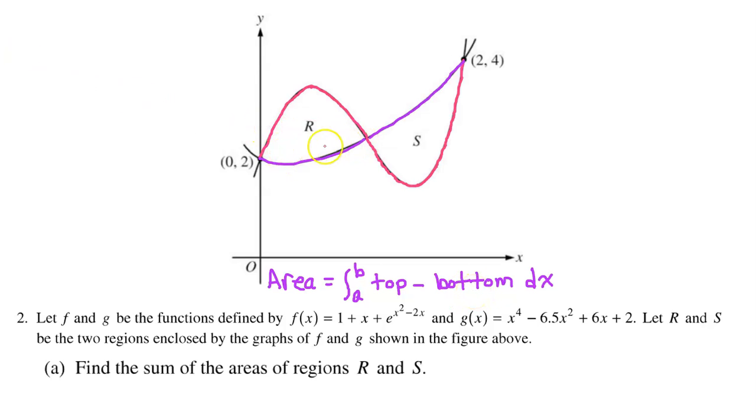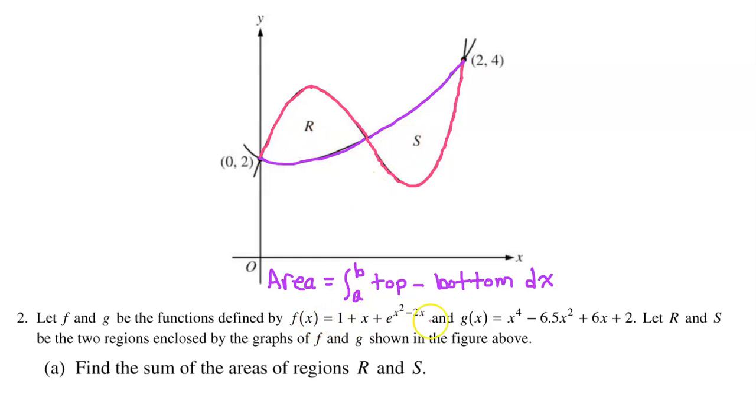Notice that for region R, the red function is on top and the purple function is on the bottom. And then for region S, it reverses, and the purple function is on top and the red function is on the bottom. For that reason, for the sum of the two areas, we will have to add two separate integrals.